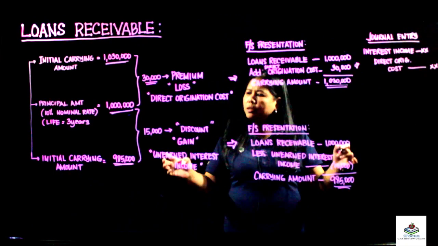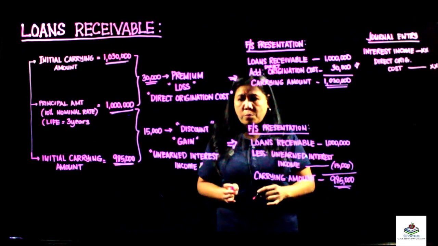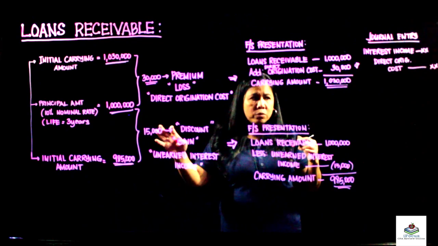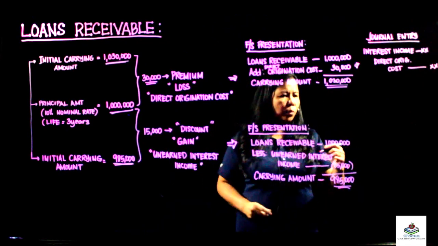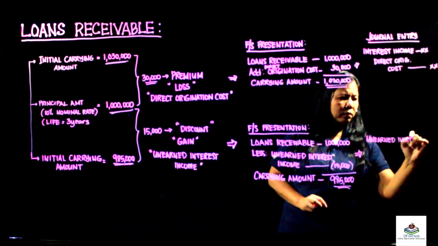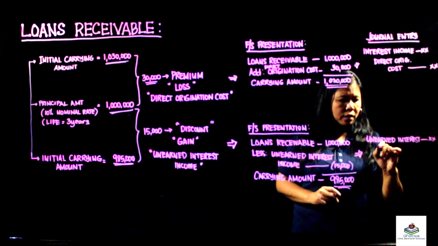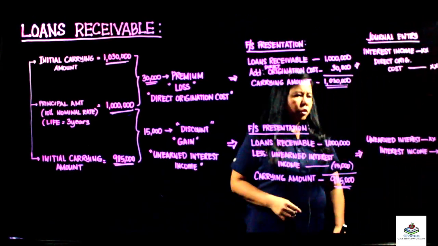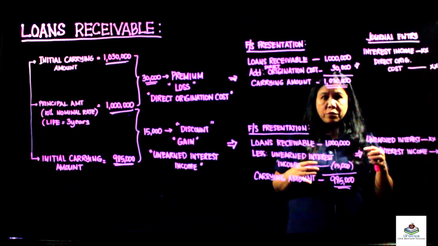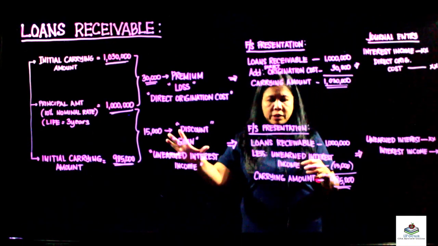So on the unearned interest income, our journal entry of the amortizations of this amount will be debit to unearned interest income, and we credit the interest income. So this is our entry when we amortize our unearned interest income of 15,000.